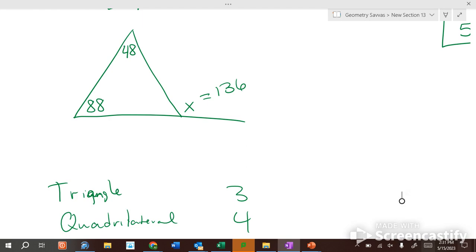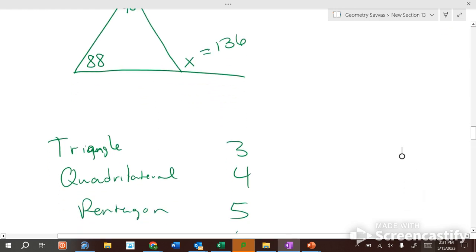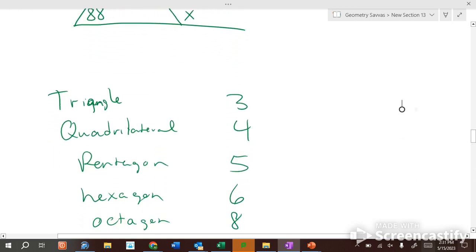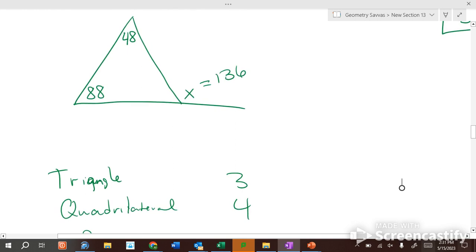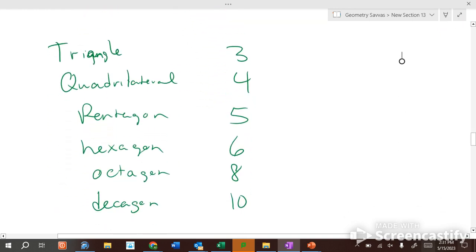What's a five-sided figure called? Pentagon. What's a six-sided figure called? What's an eight-sided figure called? What's a 10-sided figure called? Okay, and those are the only ones you'll be tested on, but you have to know the names of things like that.